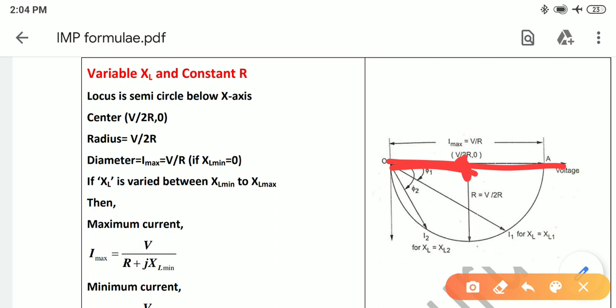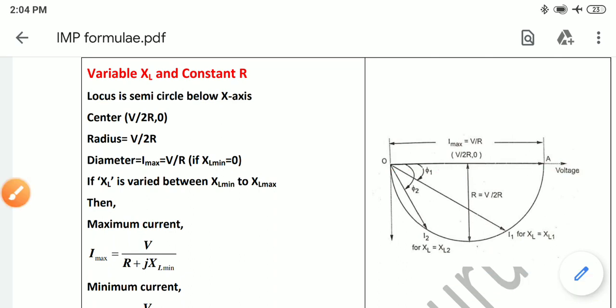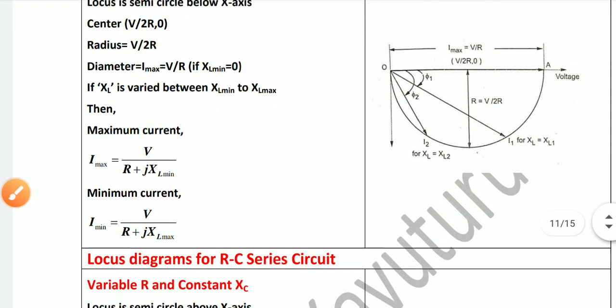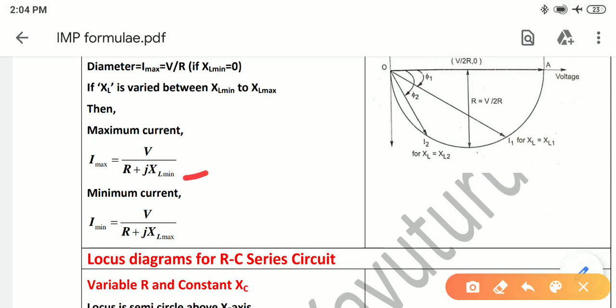If XL is varied between XL minimum and XL maximum, which are finite values, then the maximum current is obtained with the minimum reactance, that is I max is equal to V by R plus j XL minimum, and the minimum current is obtained with the maximum reactance. Therefore I minimum is equal to V by R plus j XL max, where R is a constant value. XL minimum and XL maximum are the limits between which we are varying the reactance value.